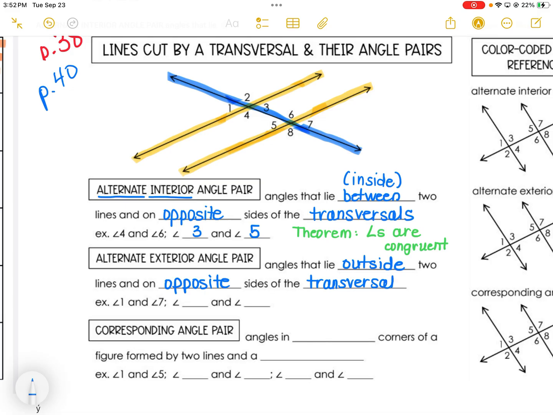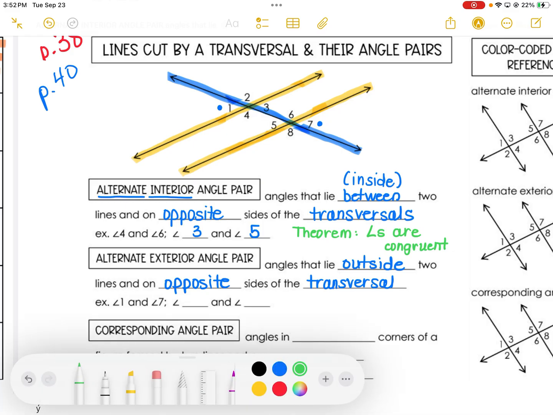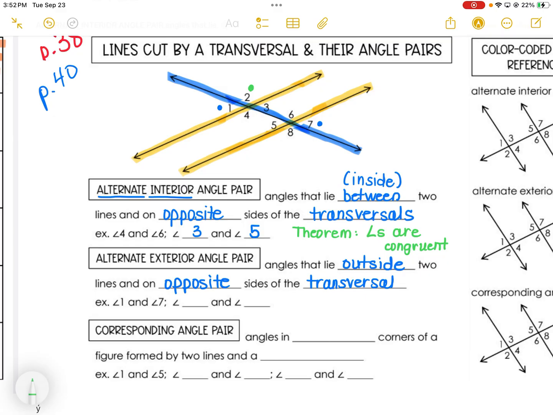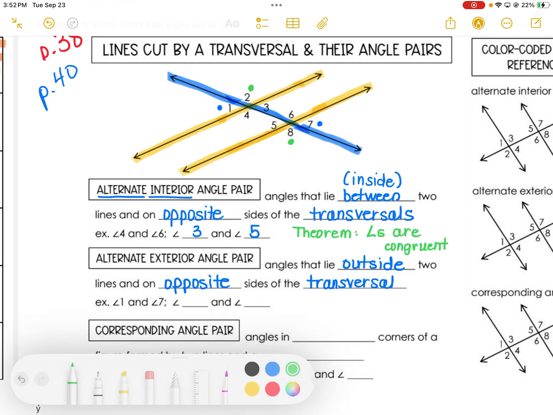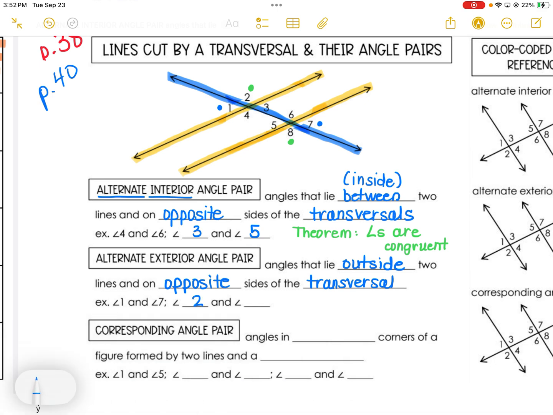They give us the example of 1 and 7. See how those two angles are outside of the yellow lines, not between them, and they're on opposite sides of the blue line, so alternate exterior. The other pair would be 2 and 8. Exterior, but opposite sides of the transversal. So angles 1 and 7 and 2 and 8.